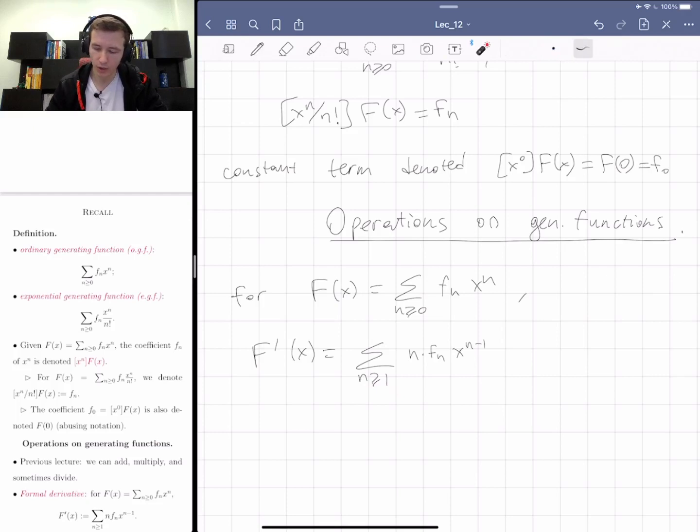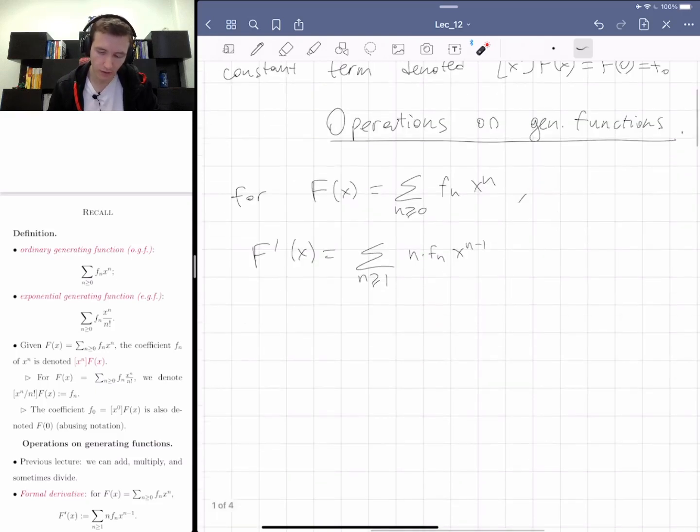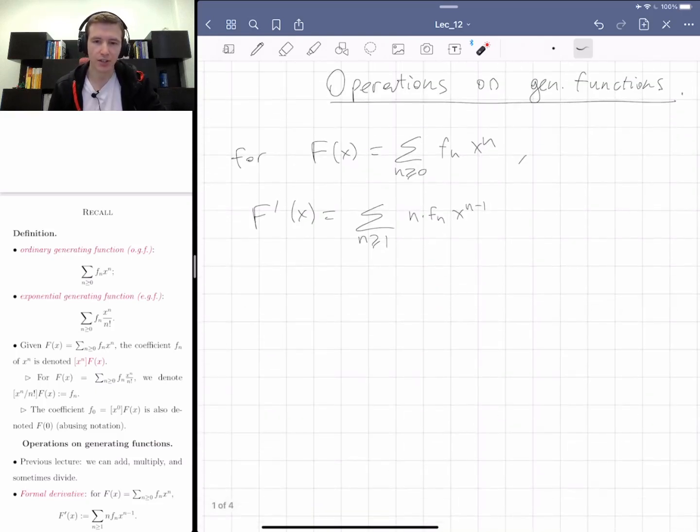So that's a new power series where each nth term got multiplied by n. And again, the original series may not have been differentiable in the usual sense, and this series may not converge, but as a formal power series, it's always well defined. And yeah, it satisfies all the usual rules.